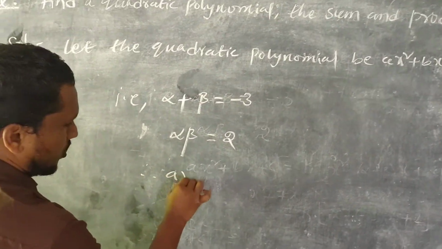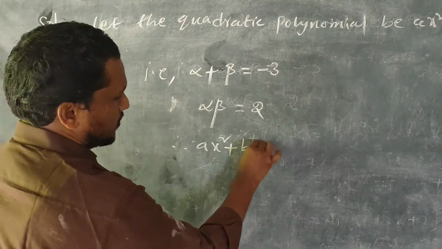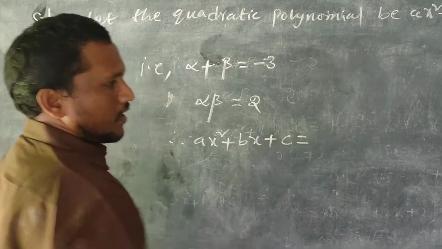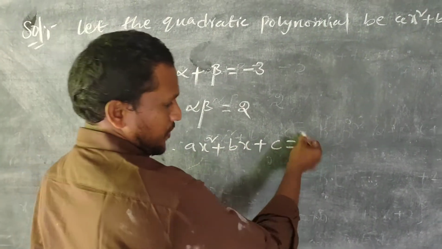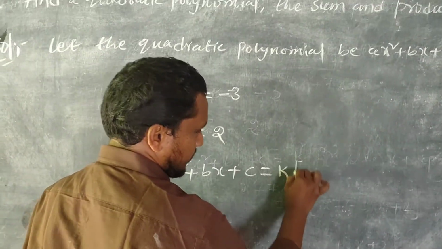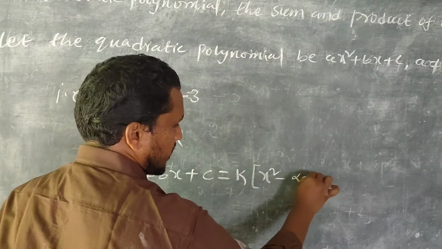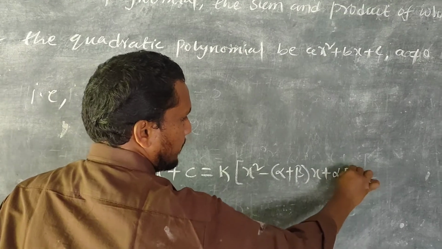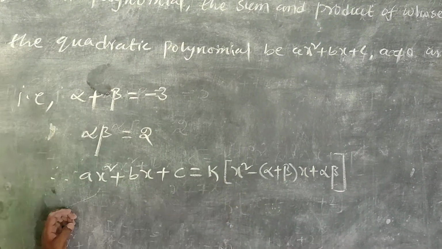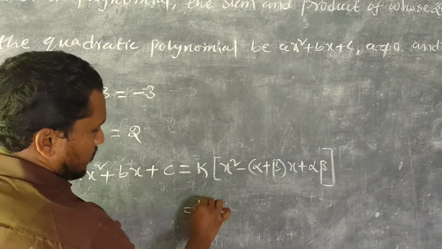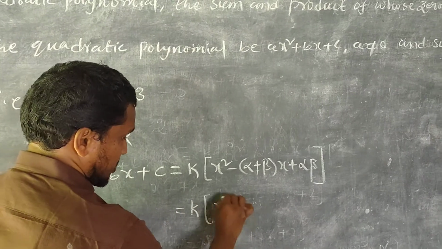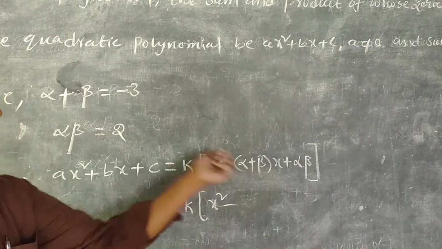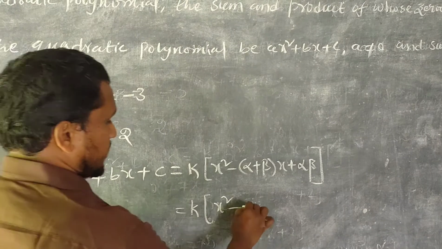Therefore, write the quadratic polynomial ax square plus bx plus c. From the previous discussion, what is the condition? It is k into x square minus alpha plus beta into x plus alpha beta, where k is a constant. So k into x square minus (alpha plus beta), the value is -3.